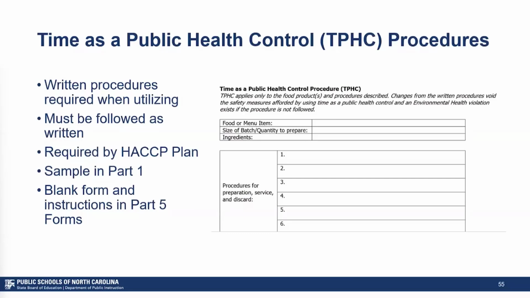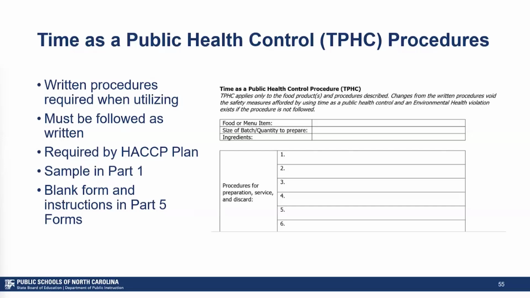TPHC procedures are especially effective for foods served in innovative or alternative service areas such as classrooms, hallways, buses, or field trips. They are also useful for fast-moving items where temperature control may be hard to maintain. This includes things like chicken nuggets or tenders, burgers, sandwiches, fries, and packaged salads, among other items.